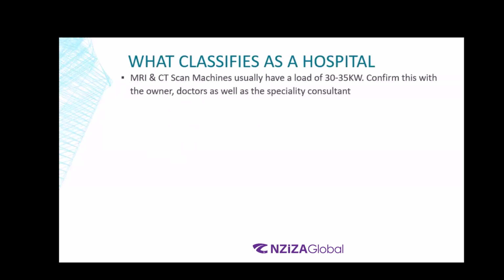Now, first of all, as I mentioned yesterday when we were talking about the heat loads, please note machines such as MRI and CT scans have a huge amount of power drop. We are talking somewhere between 30 to 35.